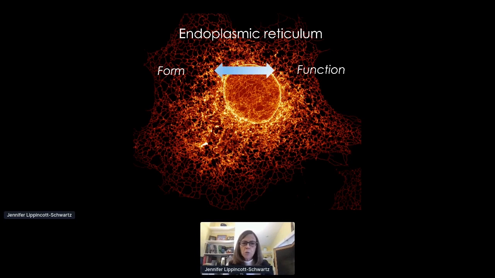Now, the issue is all of these functions of the ER, where are they occurring? We see this beautiful structure of the ER. What are the ways that we're going to have to, moving forward, interrogate or relate this form and function?